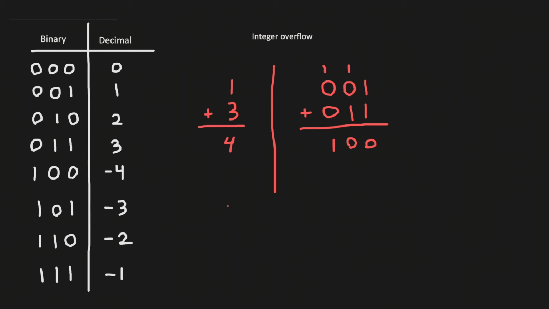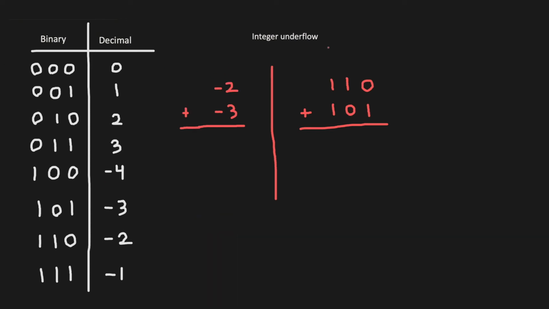And if we did a similar thing for 2 and 3, instead of 5, we would actually overflow to -3. Because instead of going 2, 3, 4, 5, we go 2, 3, -4, -3. And similarly, for integer underflow, if we add -2 and -3, we get -5.